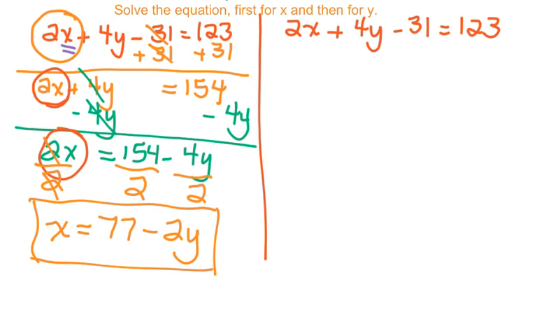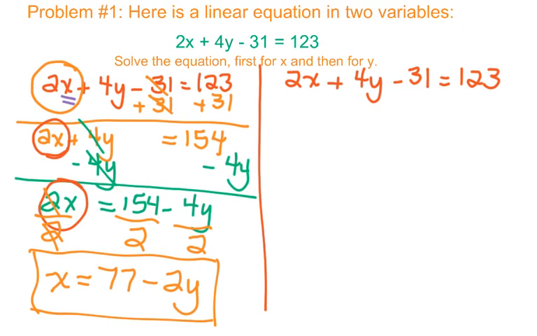I'm now going to go ahead and on the right-hand side, instead of solving for x this time, solve for y. So I am going to double underline the y on the left, and I'm going to move towards getting y all by itself.